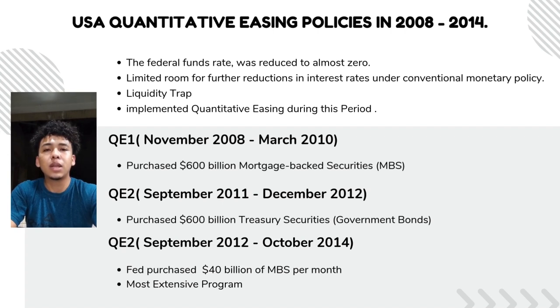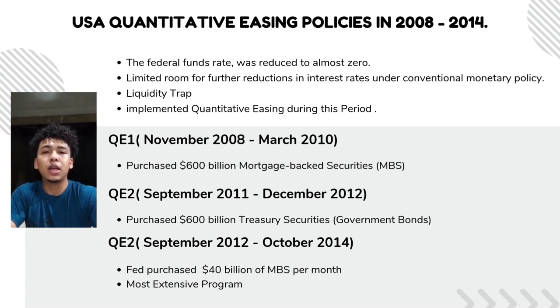By the end of 2008, the federal funds rate was reduced to almost zero. This left them with limited room for further reductions in interest rates under conventional monetary policy. This is known as the liquidity trap. To meet these challenges, the Fed opted for using quantitative easing.